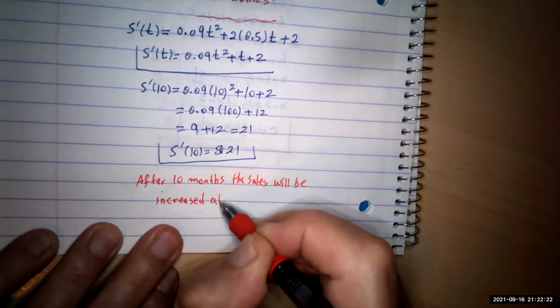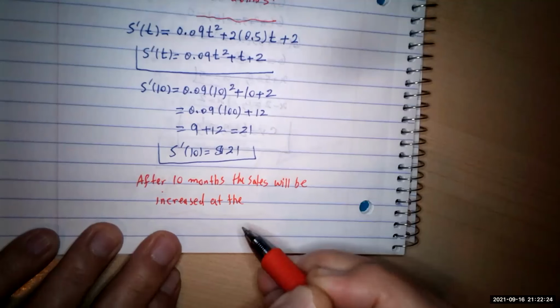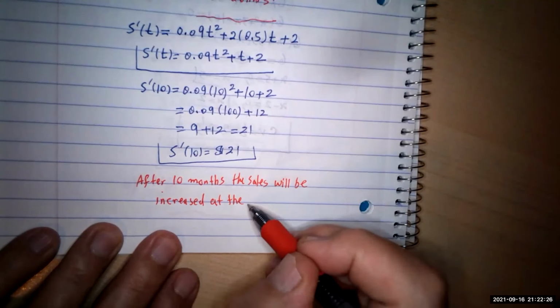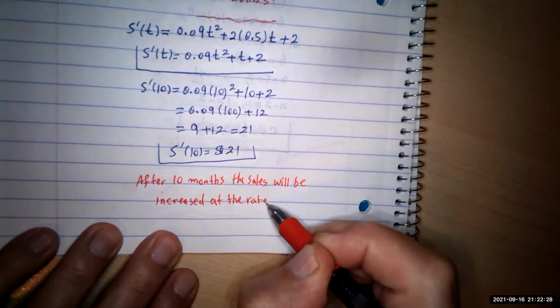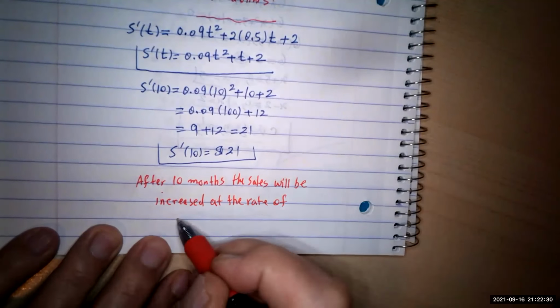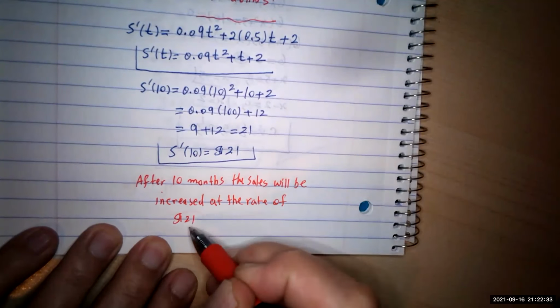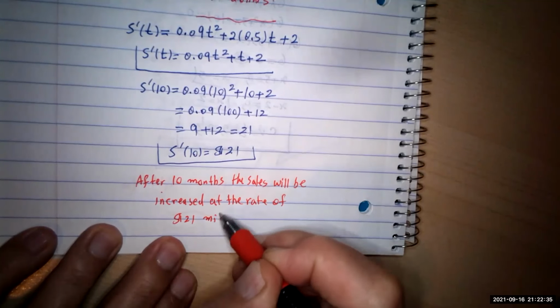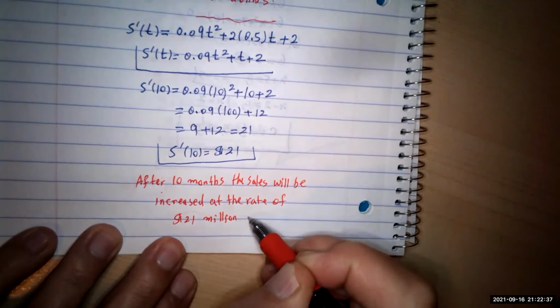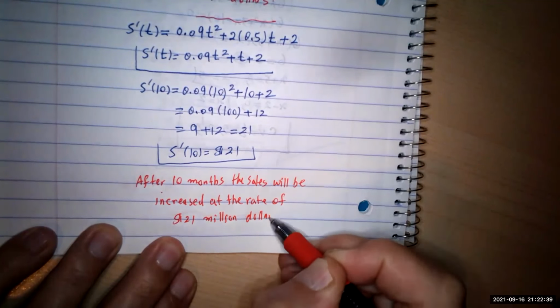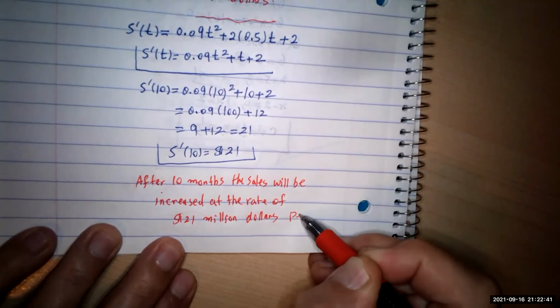At the rate of, you have to use this expression because it's a derivative, $21 million per month.